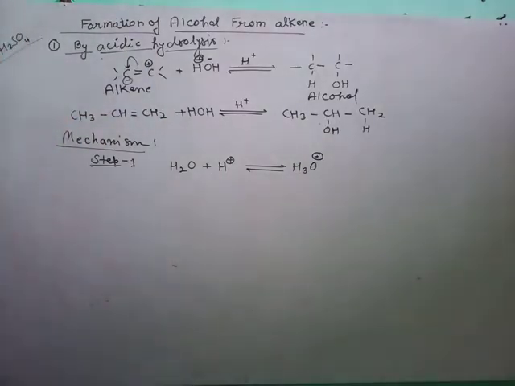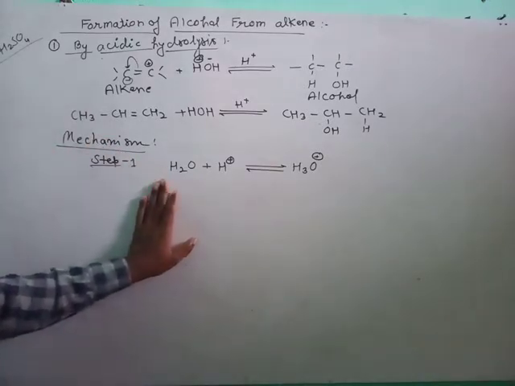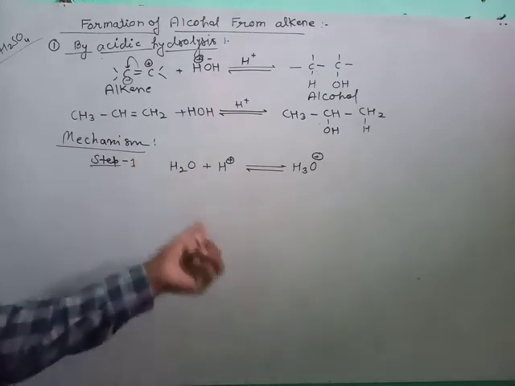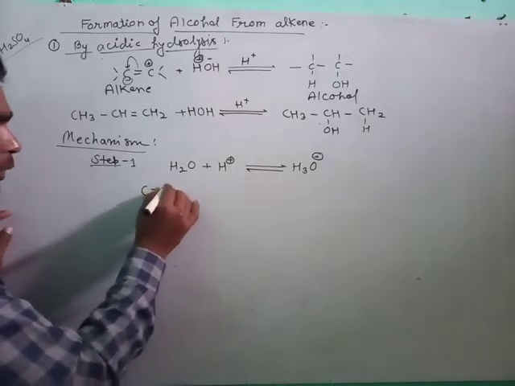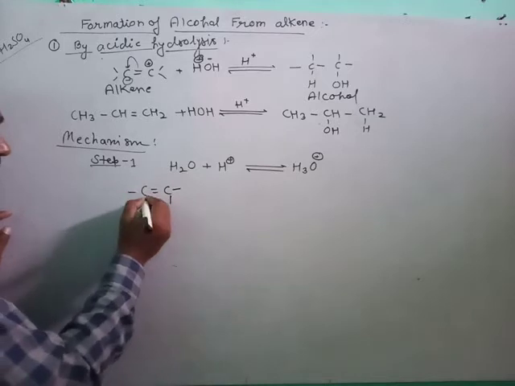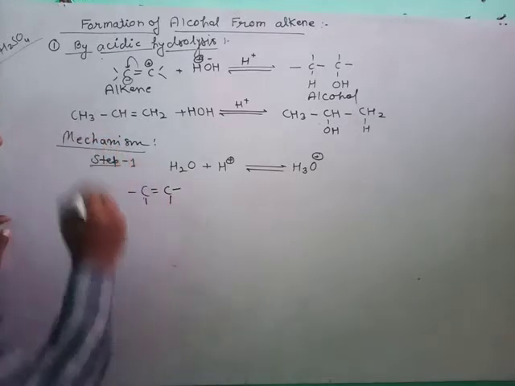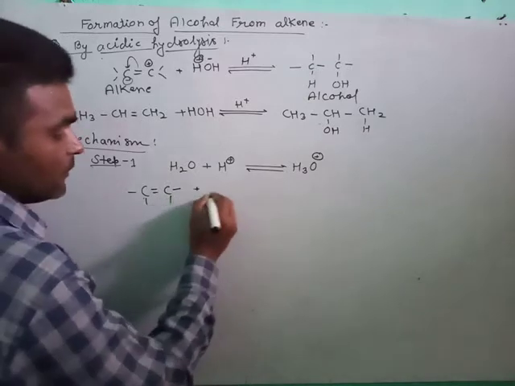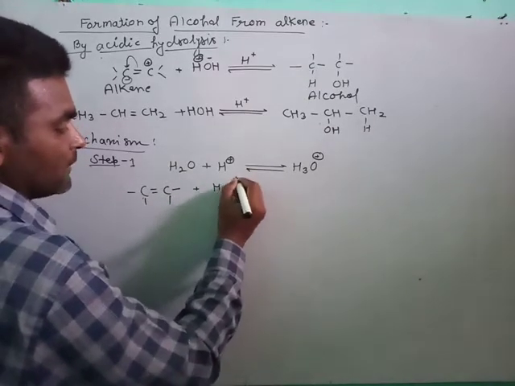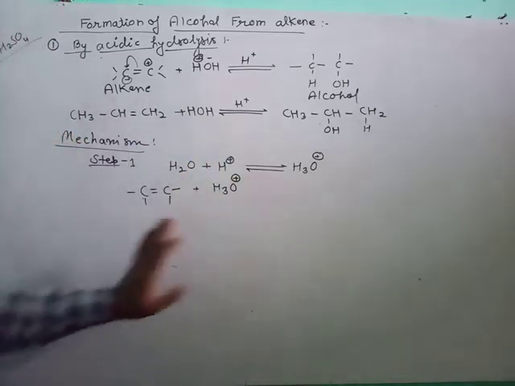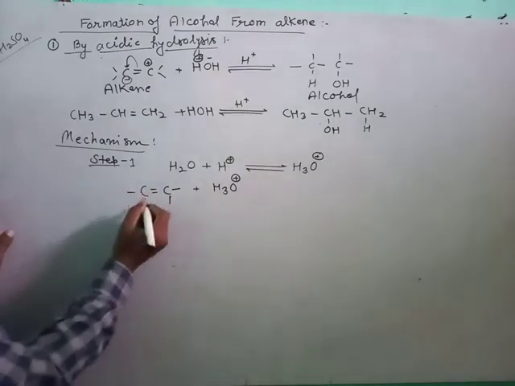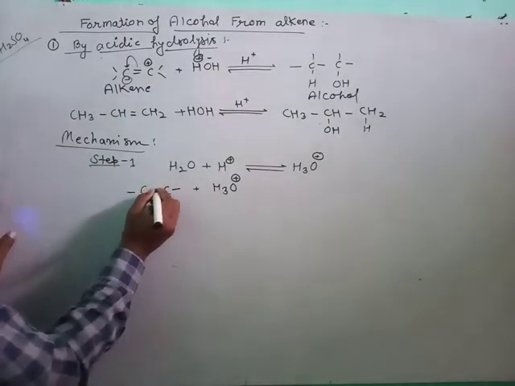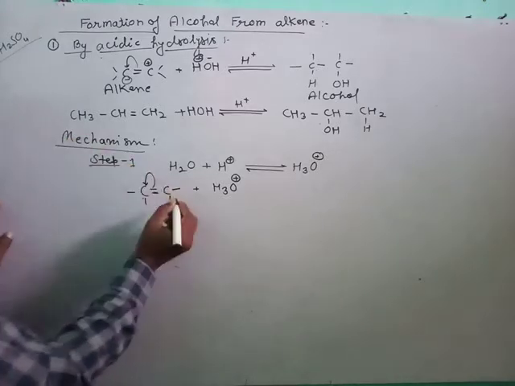And in this step can be seen the formation of carbocation. We have C double bond C, meaning a type of alkene, and the alkene reacts with H3O plus, hydronium ion, and it donates a proton, and here this double bond is broken in this way.